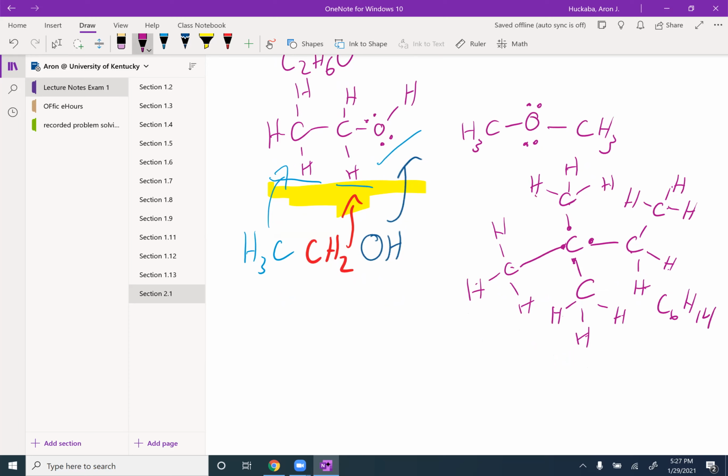That doesn't tell you much. There are many, many types of C6H14 molecules, right? That was even one of the problems in the back of the book in chapter 1. But if we drew it as this condensed structure here, then we start to break it up into pieces.